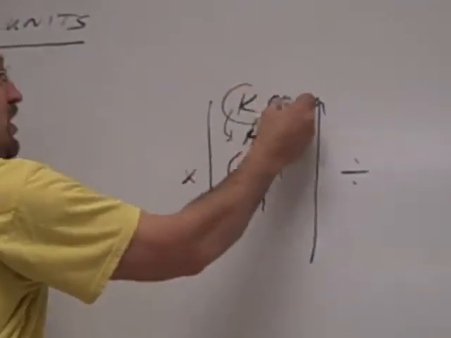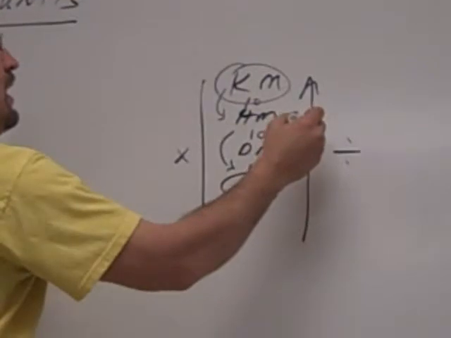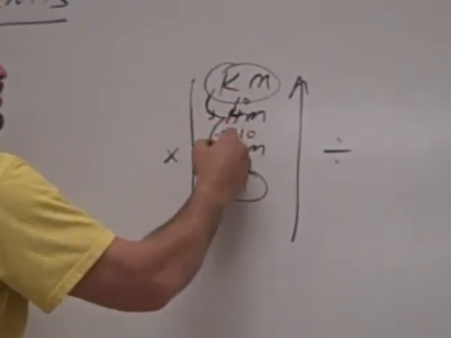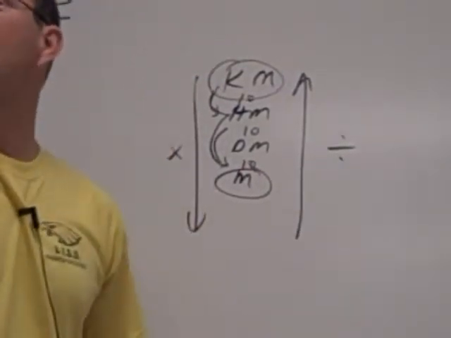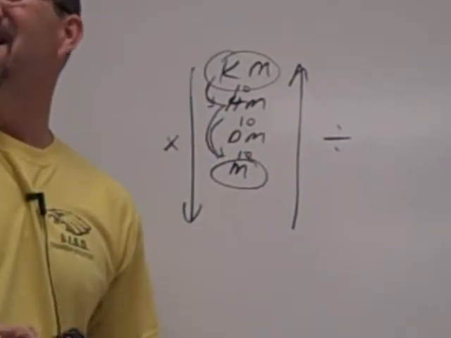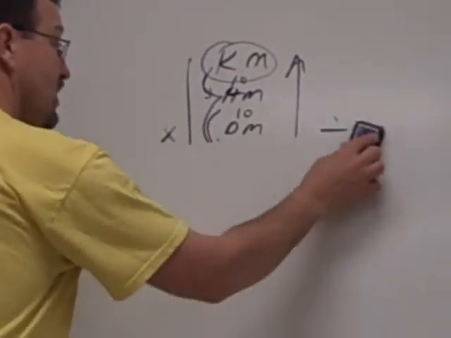So if I was going from kilometer down to meter, I would multiply by 10, multiply by 10, multiply by 10. But there's a shortcut. For metrics, there's a shortcut. If you're doing yards and inches and miles, or gallons and cups and pints and fluid ounces and quarts, there's no shortcut.